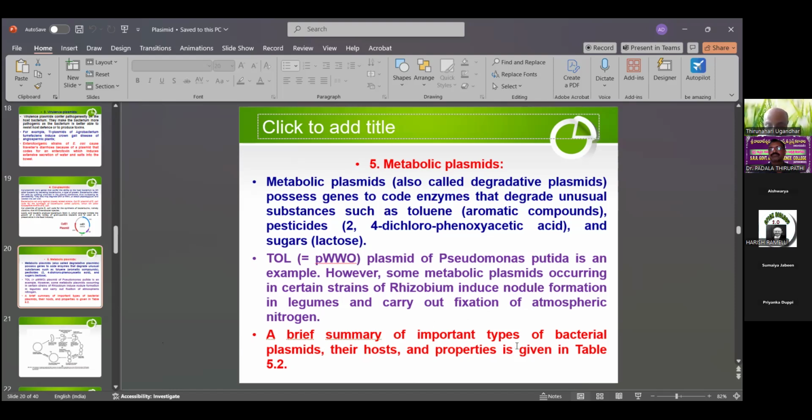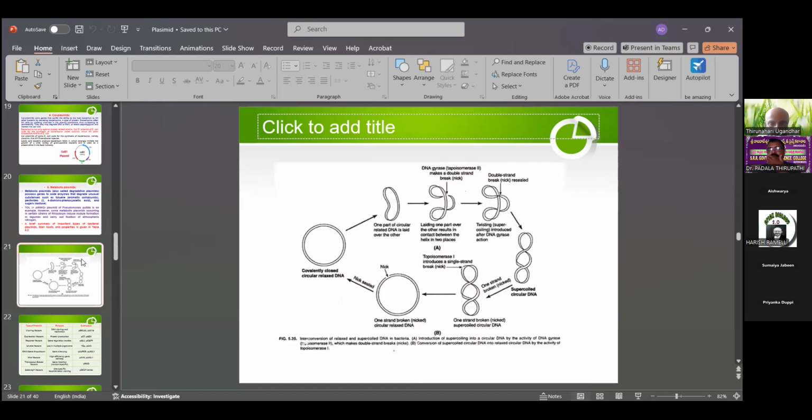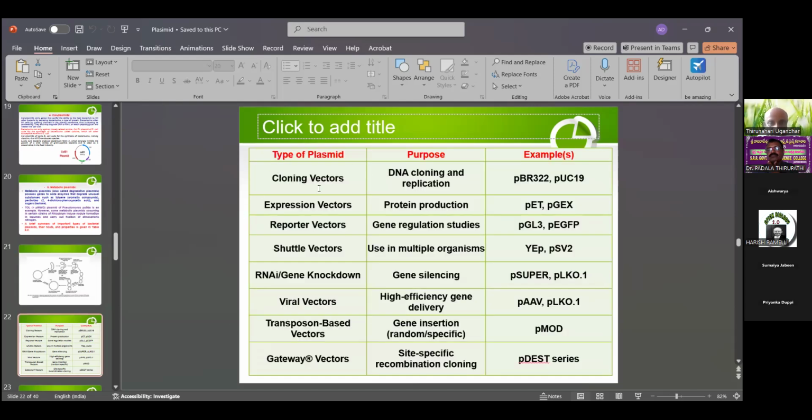A brief summary of the important types of bacterial plasmids, their hosts and properties is given. There is a list of the type of plasmids, their purpose and examples.